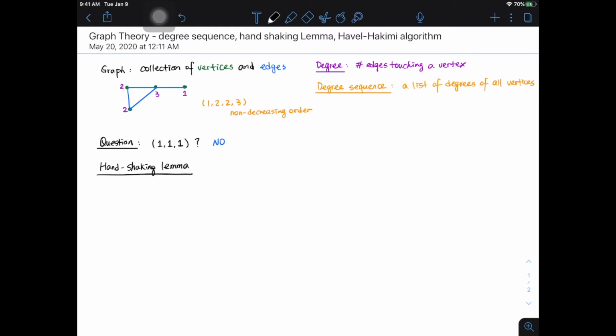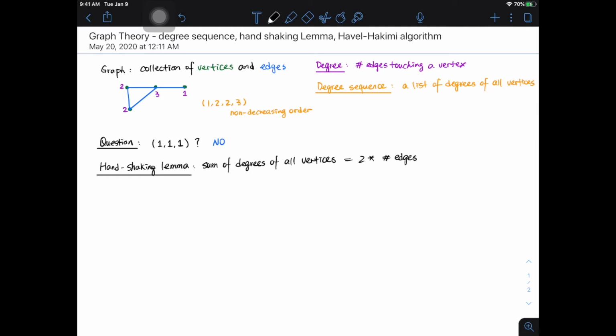What the handshaking lemma says is that the sum of degrees of all vertices equals 2 times the number of edges.